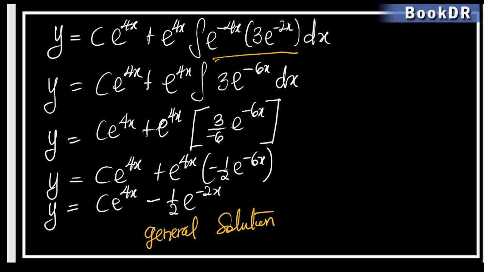However, the question demands a particular solution. So we use the initial values to determine the value of our constant c. The initial value given is that y(0) is equal to 2. What this means is that when x is equal to 0, y is equal to 2.